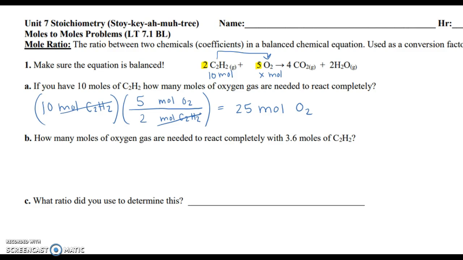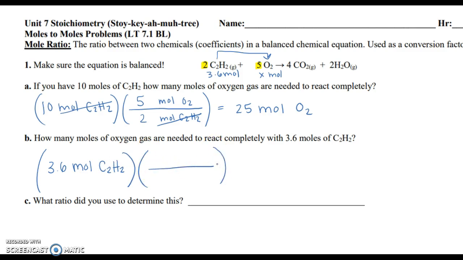For letter B, how many moles of oxygen gas are needed to react completely with 3.6 moles of C2H2? So now, instead of starting with 10 moles, I'm starting with 3.6 moles, and I'm still turning it into oxygen gas. So same process as last time. This time in my first bracket goes what I start with, 3.6 moles of C2H2.